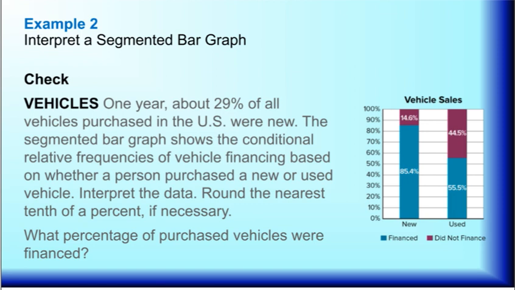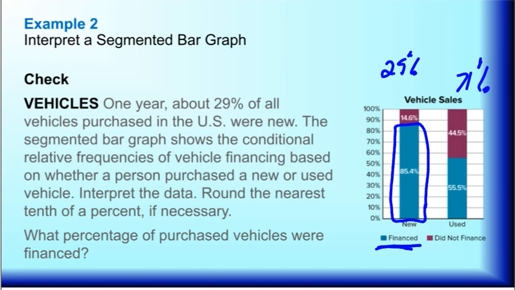So 29% of all vehicles purchased were new. So this is 29%. And if that's 29%, the other one would be 100 minus 29%, which is 71%. Okay, so we want to find out the percentage of purchased vehicles that were financed. Financed was the blue bar.